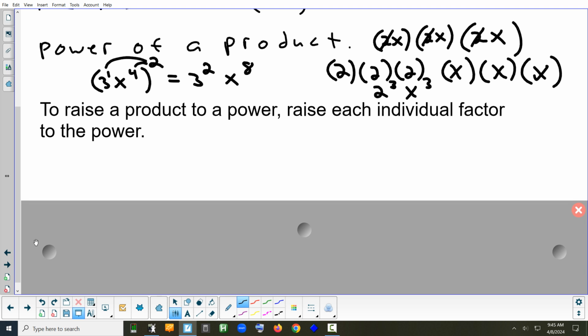All right. So on that last rule where it says to raise a product to a power, you want to write down everything that's underlined. Raise each factor to the power. This is the rule, and this is back on the front. And then we'll try a couple examples.